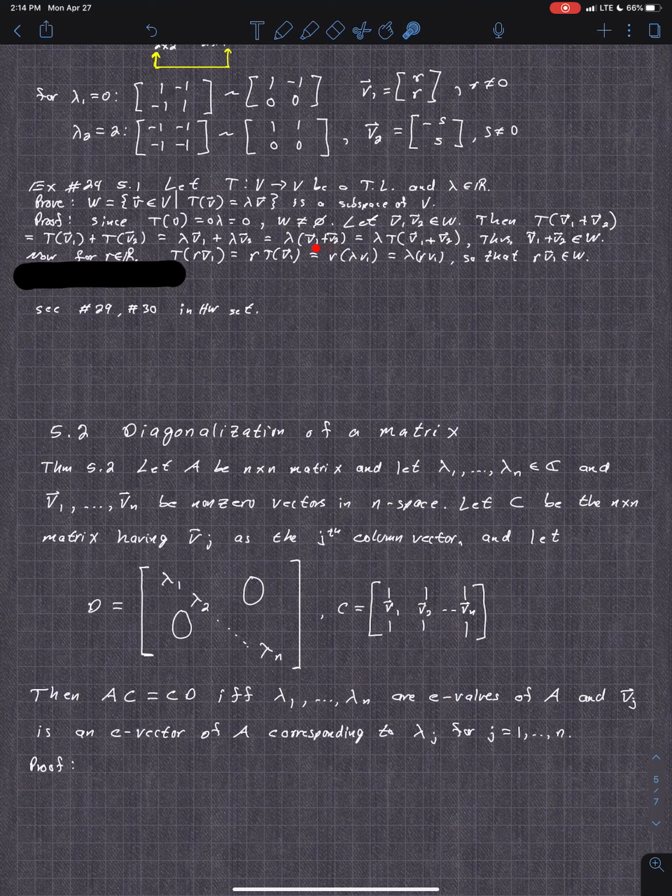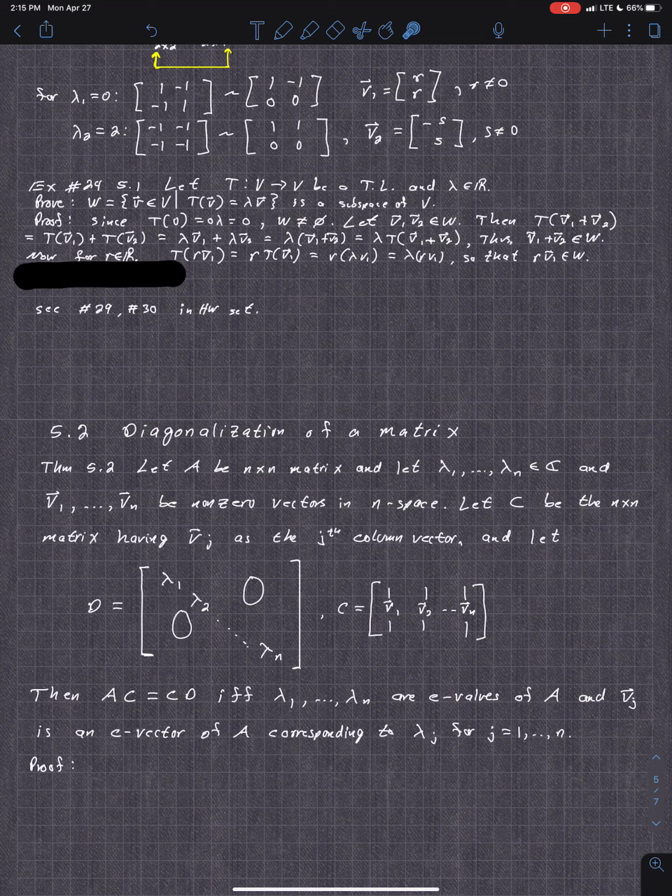So T of V1 plus V2 equals lambda times the vector. This vector behaves just like this, so it makes sense. Therefore, V1 plus V2 is in W.